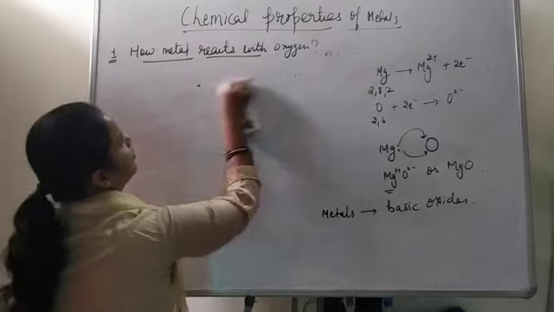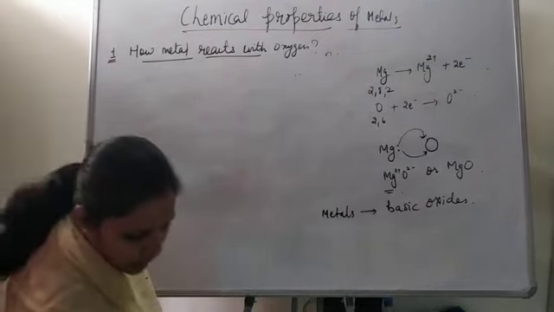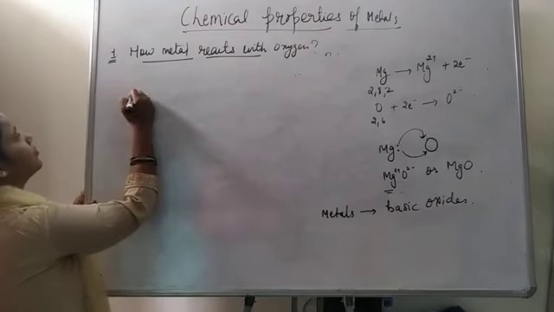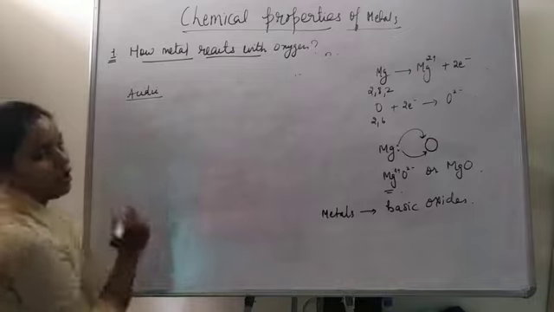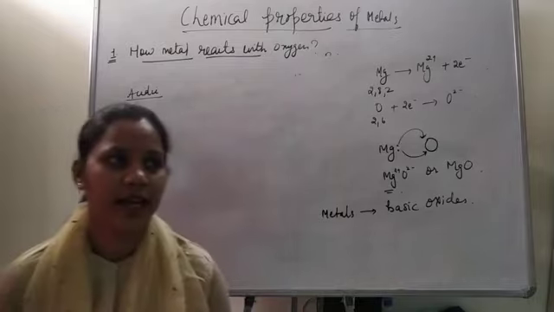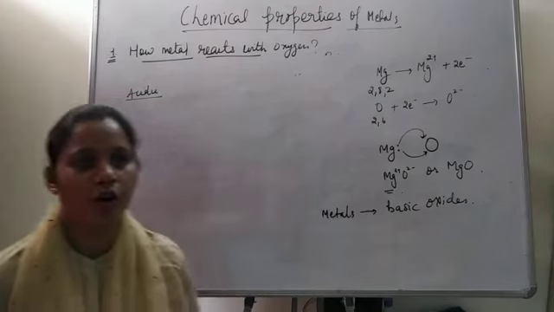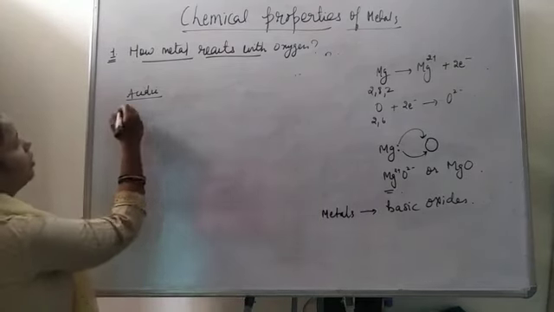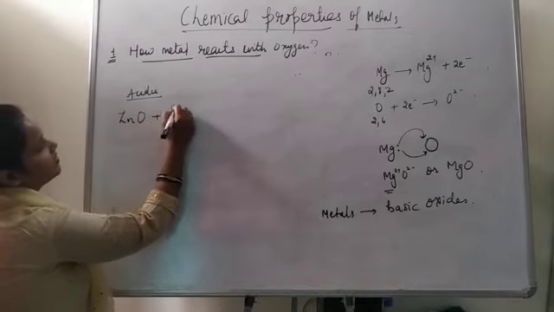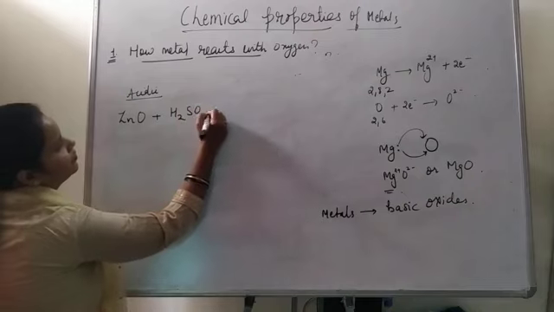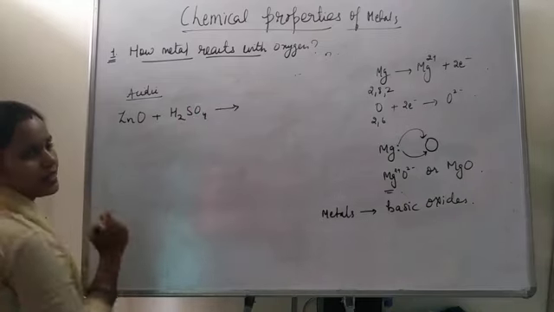Let's see the basic nature and acidic nature of zinc oxide. Acidic means that it reacts with an acid to form a particular compound. Zinc oxide reacts with sulfuric acid, and this will show me the acidic nature.